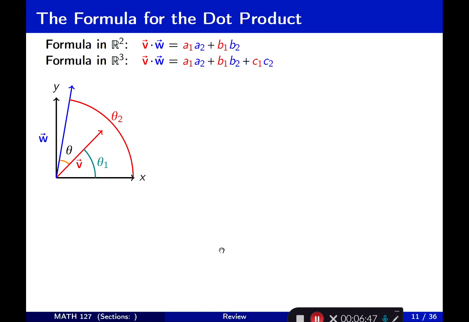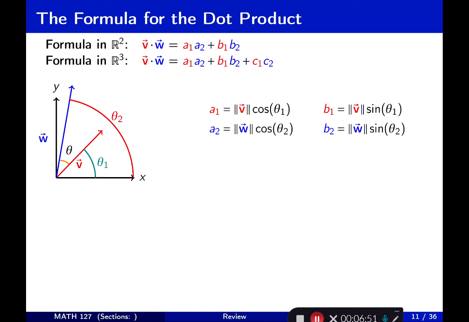Similarly for W, a2 is the magnitude of W times cosine theta 2, and b2 is the magnitude of W times sine theta 2.